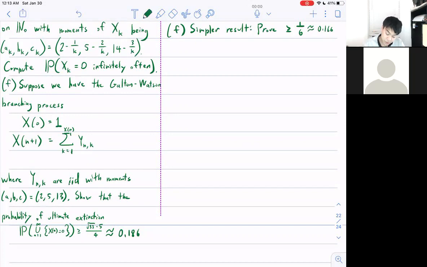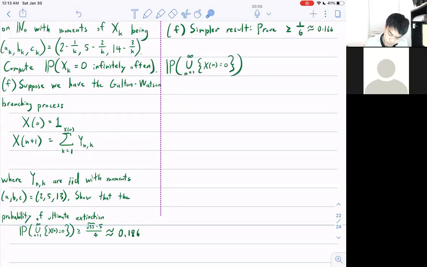Now, the way that students were expected to solve this problem without having to do a bunch of additional math is to realize that this probability of ultimate extinction is denoted in terms of a union that you see here. Why does a union make sense?